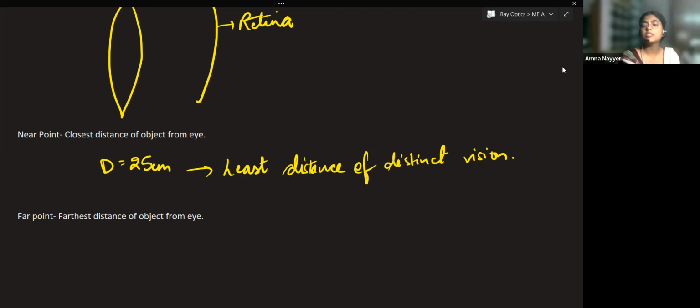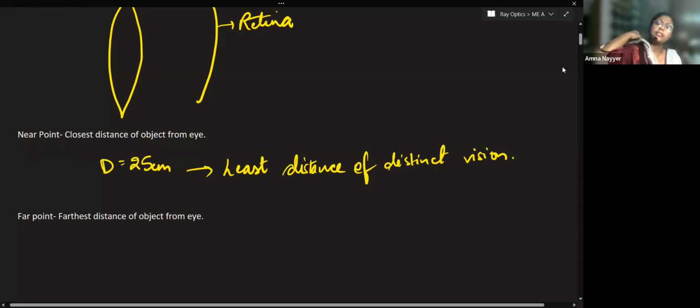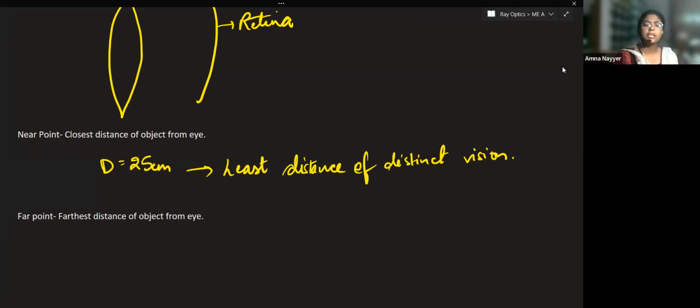You are able to observe the moon, you are able to observe the stars. They are at such a huge distance from us, separated by light years, but still you are able to see them, because the far point is infinity. Till wherever your human eyes can see, that point is infinity. So you say far point, this is infinity.